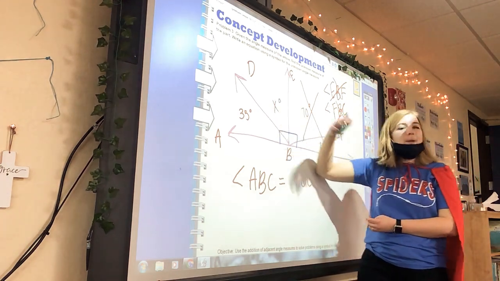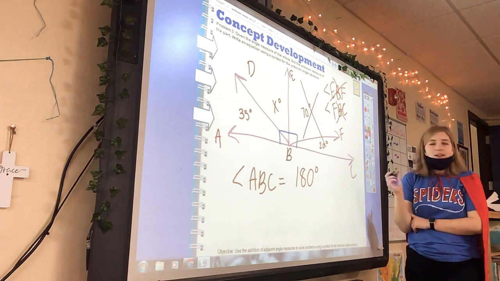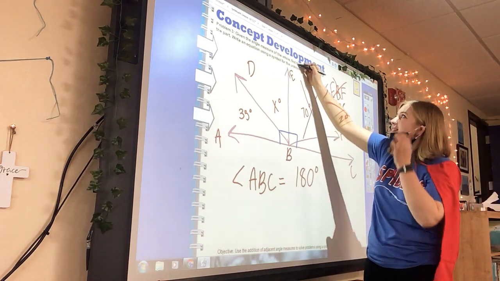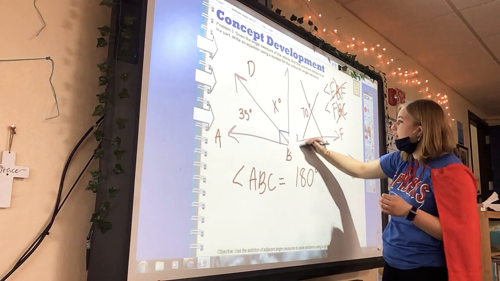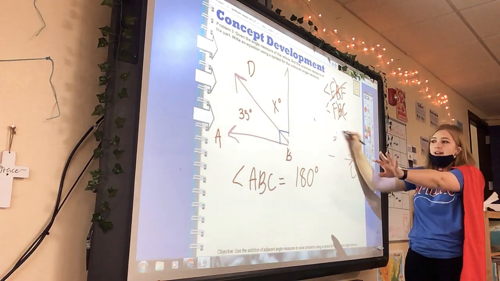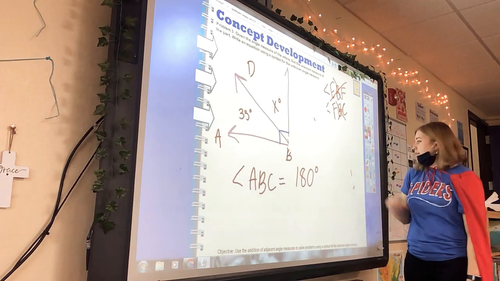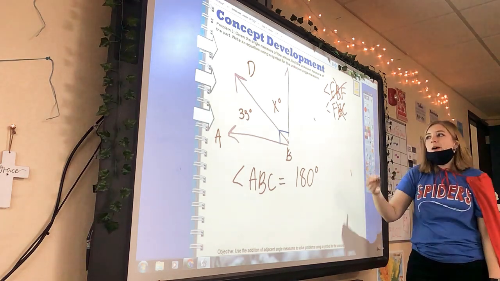So basically what we're doing in our minds is erasing all of this and just working with that angle. Does that make sense? So we're not working on the angle B, or are we? Well, B's part of it.